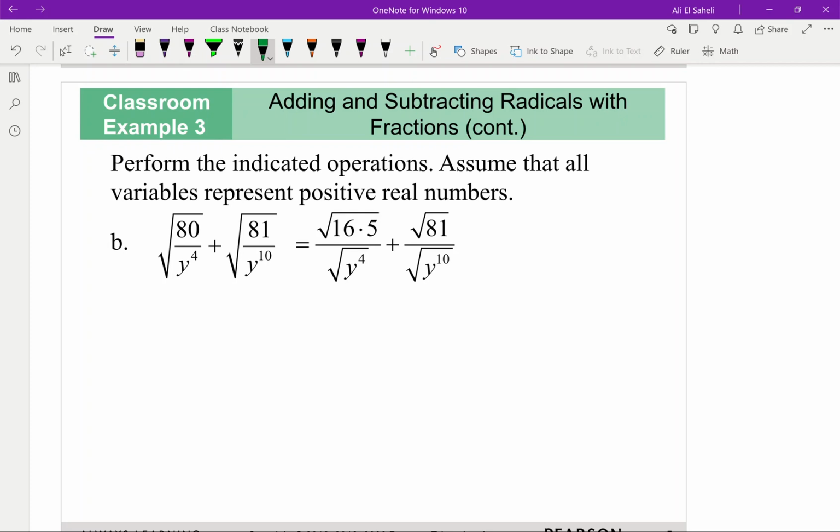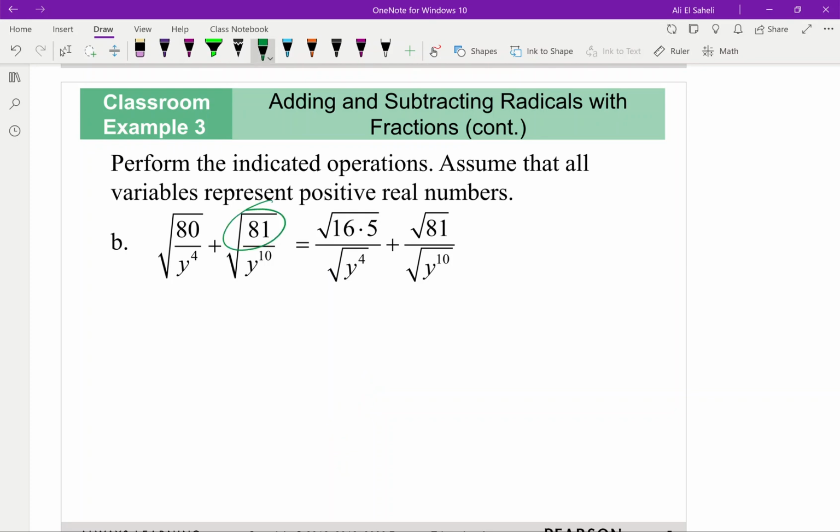Okay, 5 times 10 is 50. 5 times 6 is 30, so that's 80. 5 times 16. The 16 is 4 squared. So that's why we need it. This is already in good condition because you would have 4 over 2. Remember, this is 2 here.